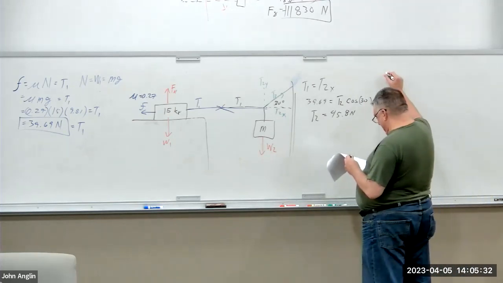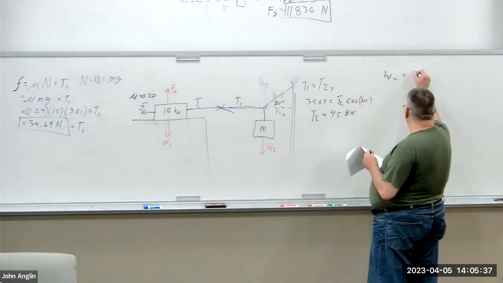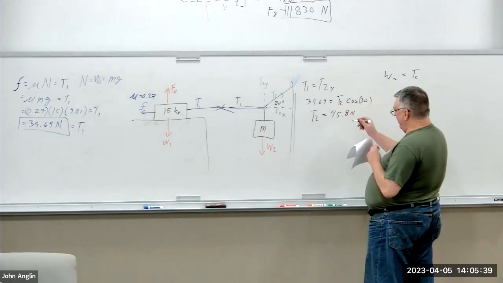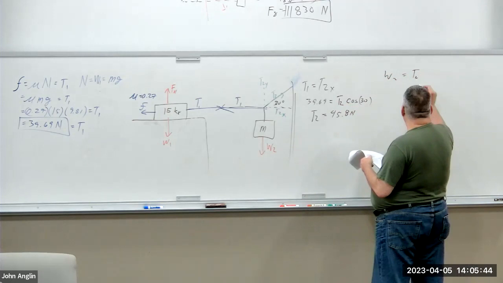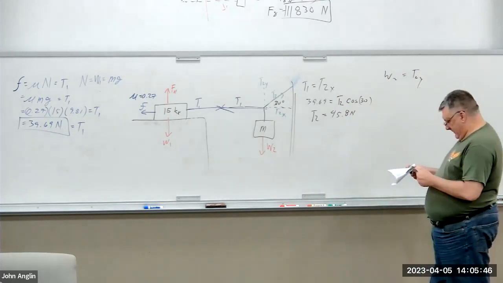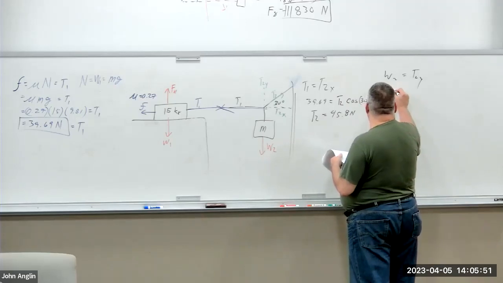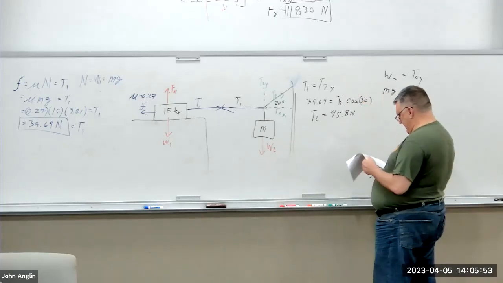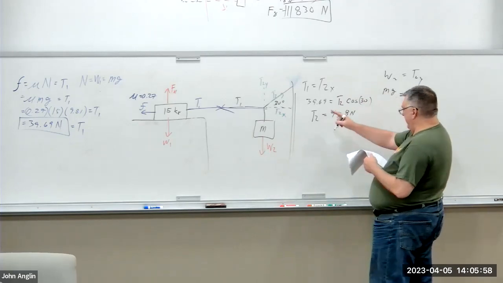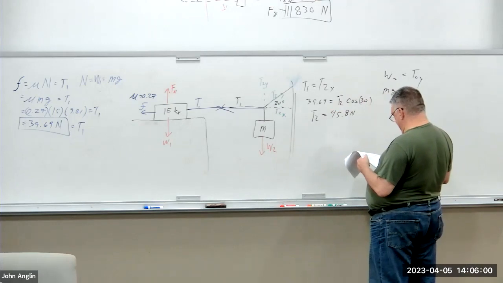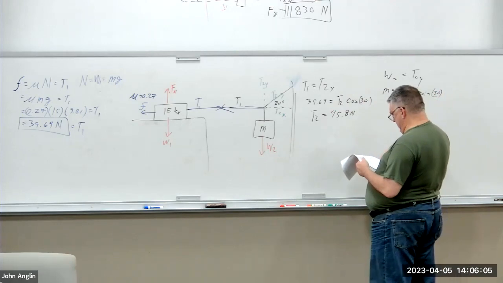So we know that our W2 has got to equal our tension T2 in the Y direction. Well, our W2, we know that's just mg. And our T2 in the Y direction is the total magnitude of T2 times the sine of 30, again, trig.